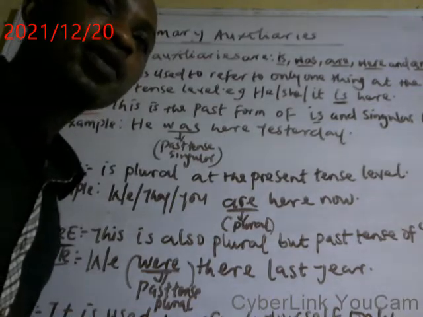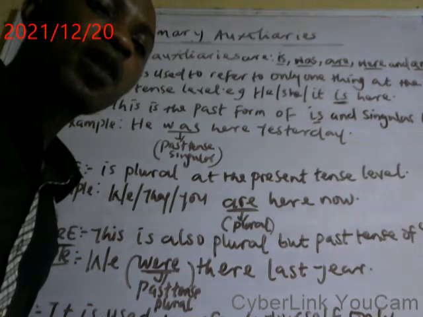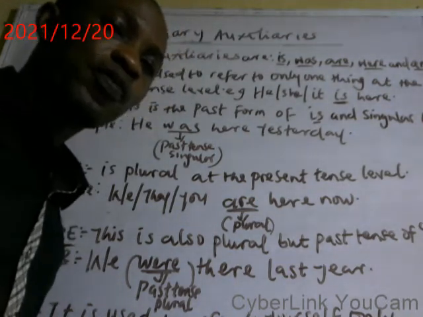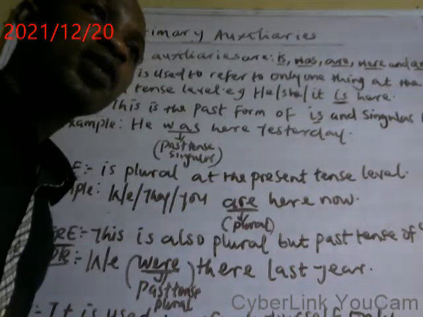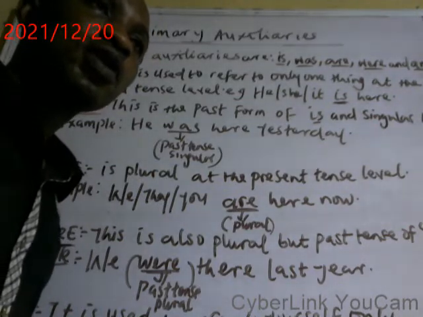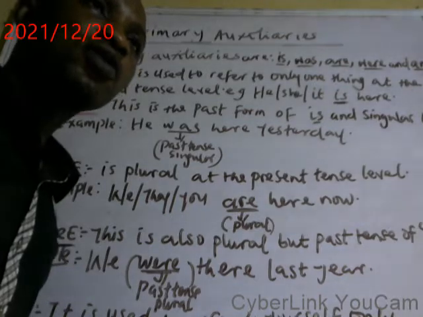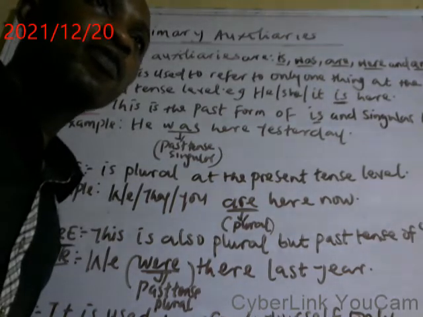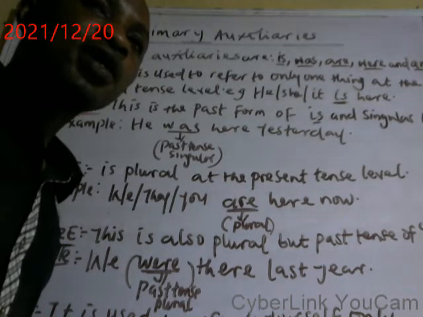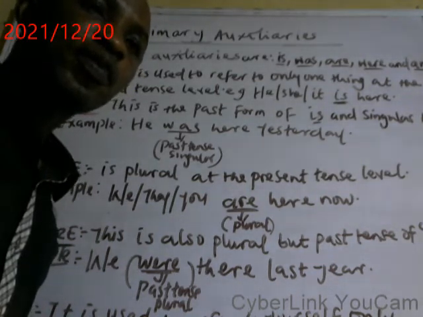Primary auxiliary is also known as primary auxiliary verbs, meaning there is a group of verbs among the category of auxiliary verbs that is known as primary auxiliary verbs.